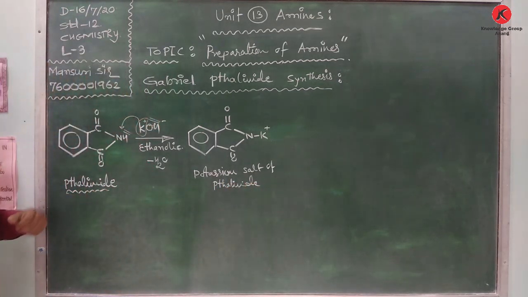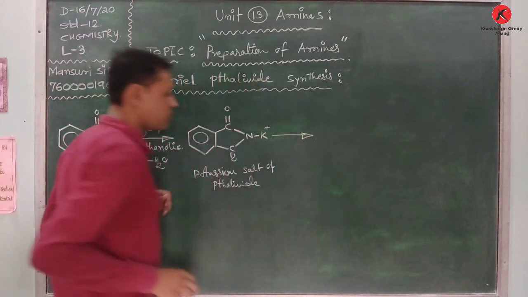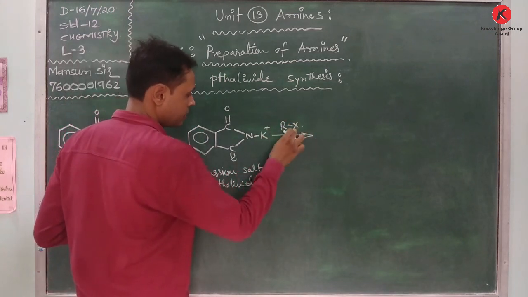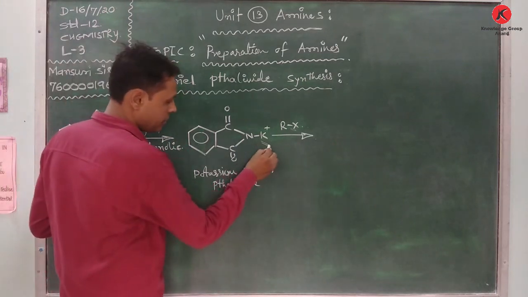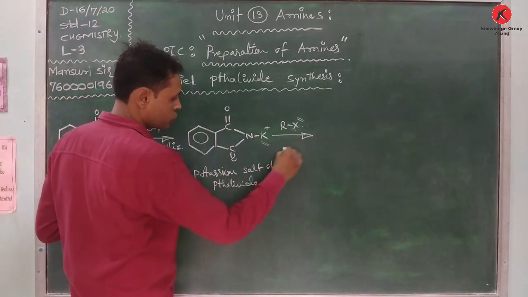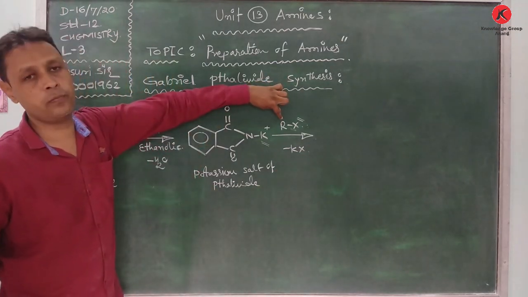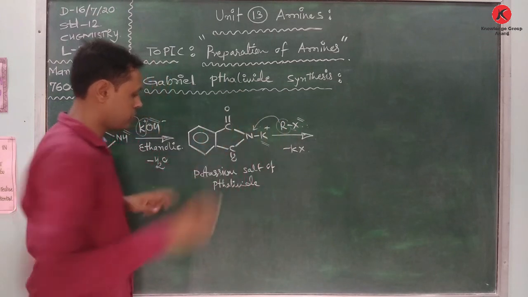Potassium salt of phthalimide is obtained. After getting this substance, we will take alkyl halide. So what will form? Now K will be removed with halogen, so KX will be removed, and the alkyl group will be attached with nitrogen.